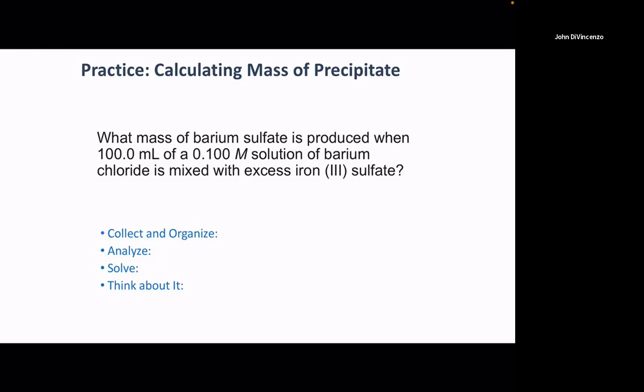BaCl2, because barium's in group 2, and it's mixed with iron(III) sulfate. What's the formula for that? Fe2 what? That's sulfide, not sulfate. Sulfate is SO4 2 minus. Sulfide is S2 minus. So that then, right? That's iron sulfate.